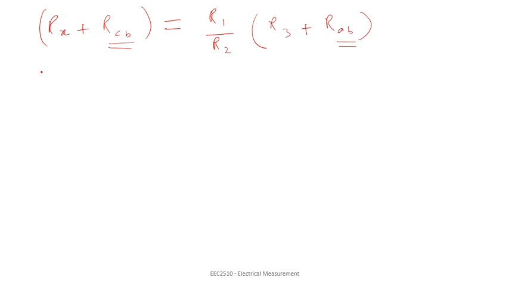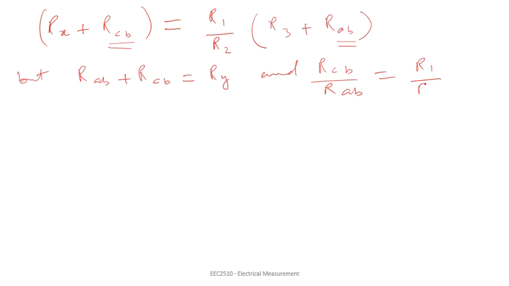But we know that RAB plus RCB is equal to Ry, that is the total contact resistance, and we have also assumed that this ratio is equal to R1 over R2.